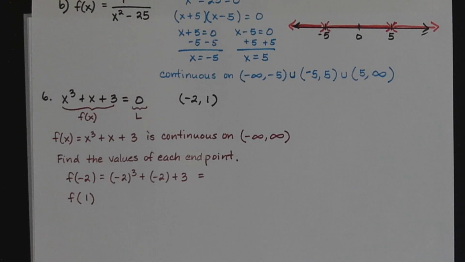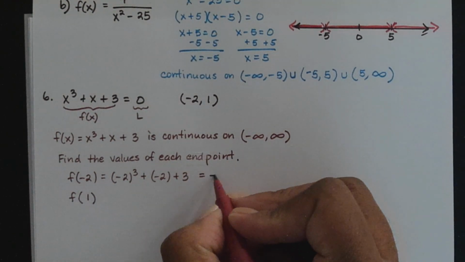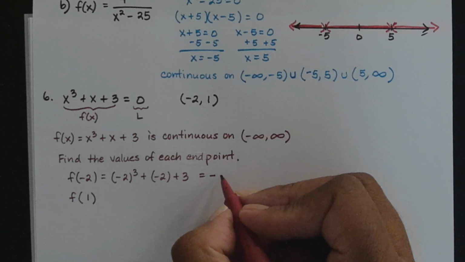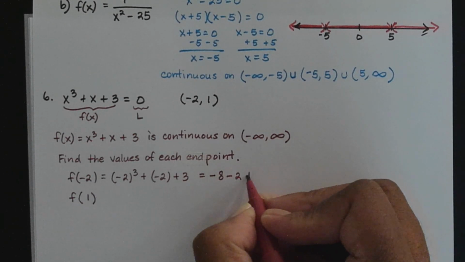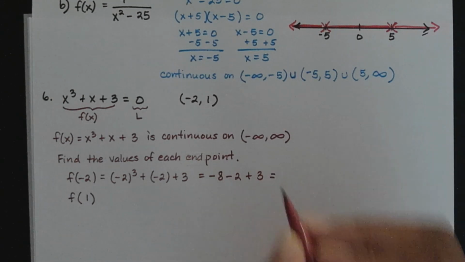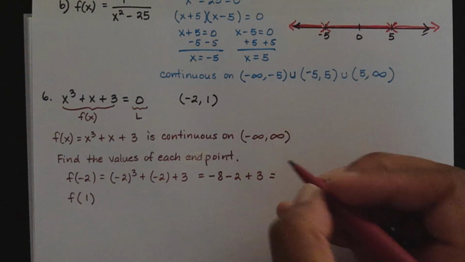I'm cubing a negative, so that's going to be negative, and 2 cubed is 8, so it's negative 8, minus 2 plus 3. So negative 8 minus 2 plus 3 equals negative 7.